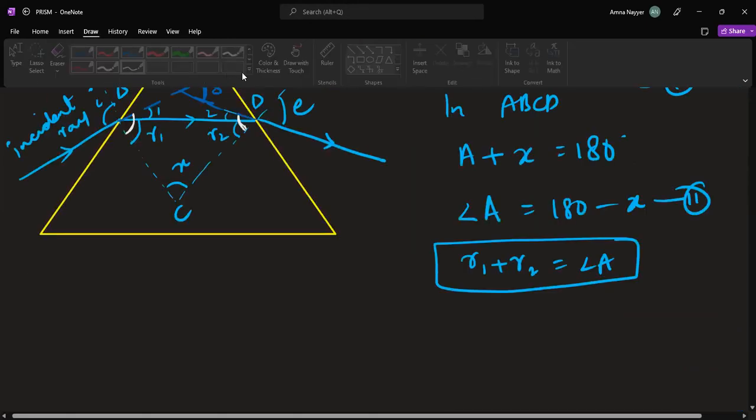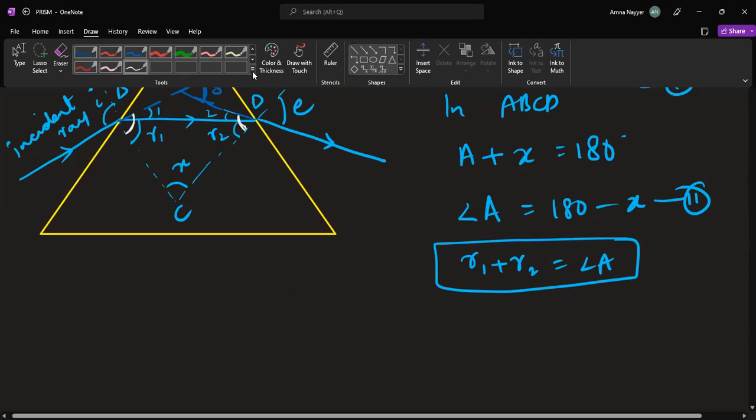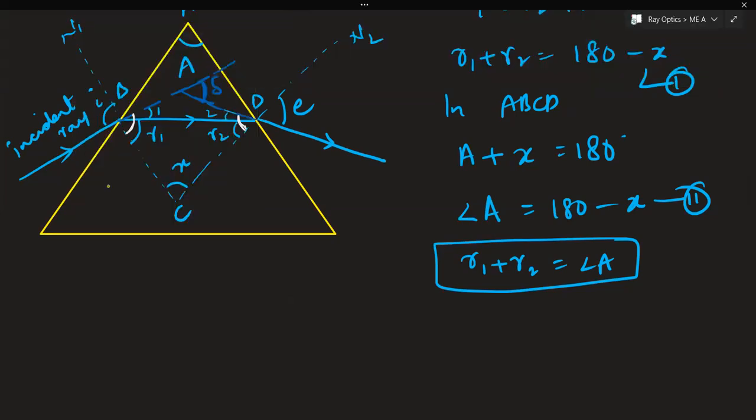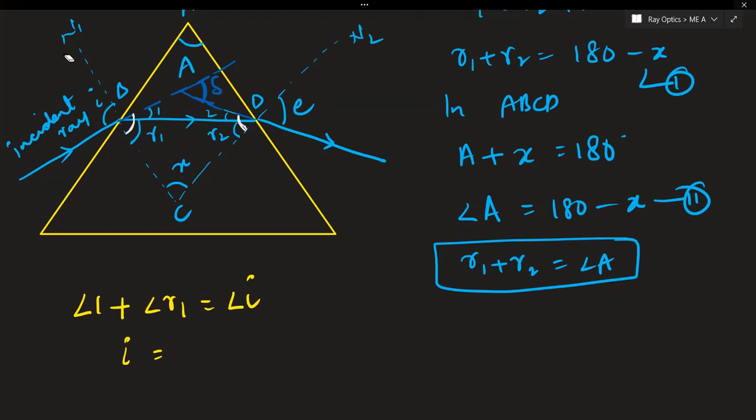Yes, ma'am. Okay. Now carefully look here. It means angle 1 plus angle R1 is equal to the angle of incidence I. So R1 can be written as I minus angle 1.